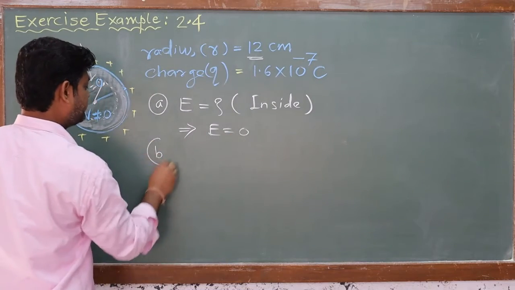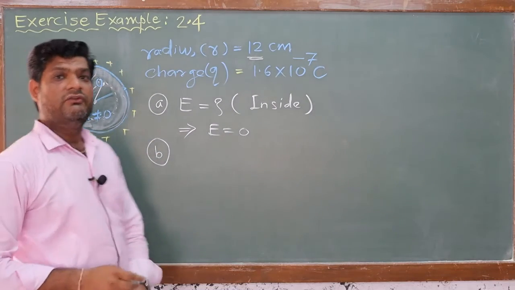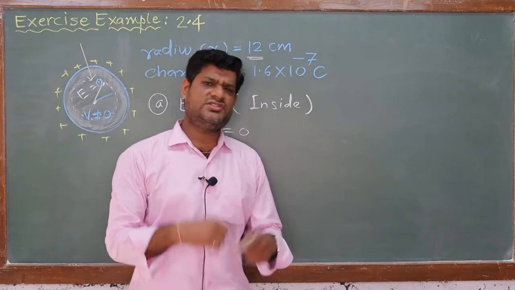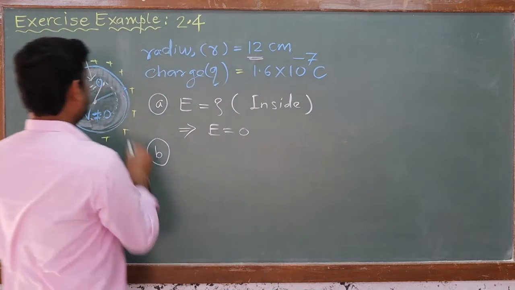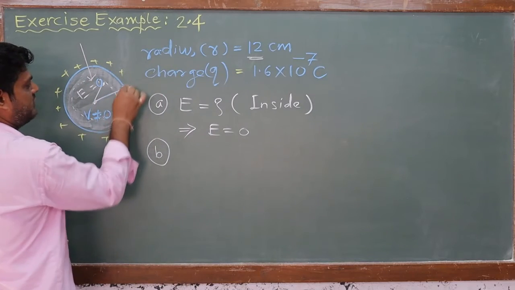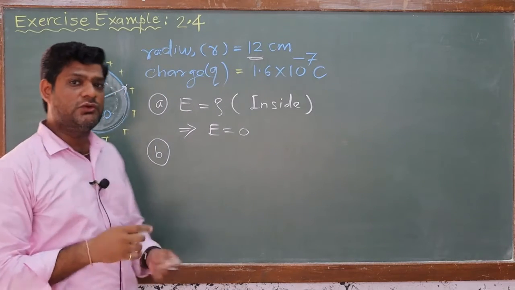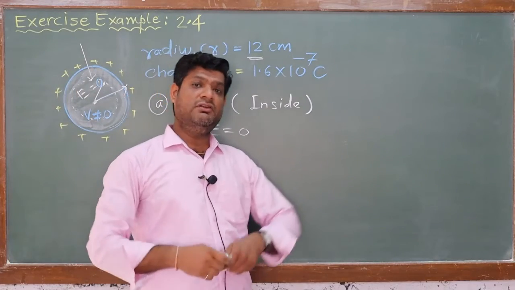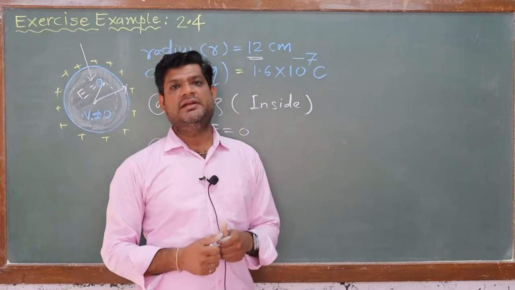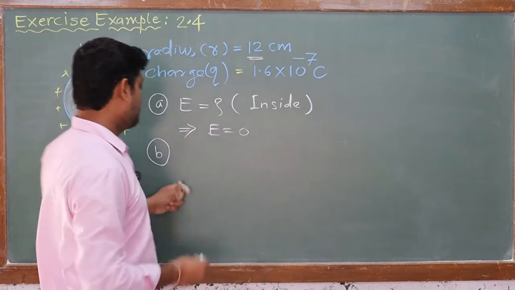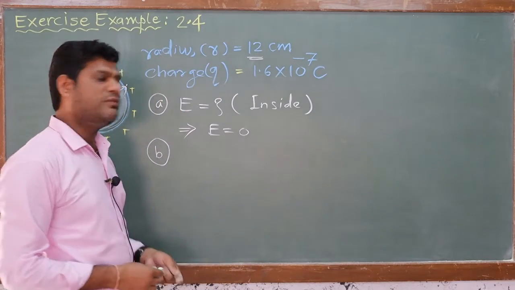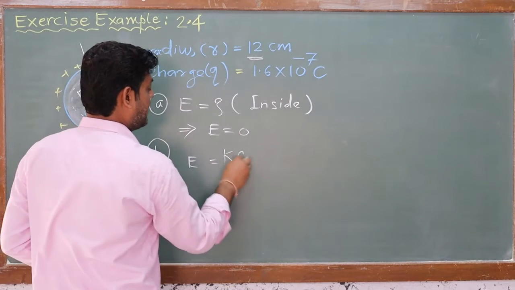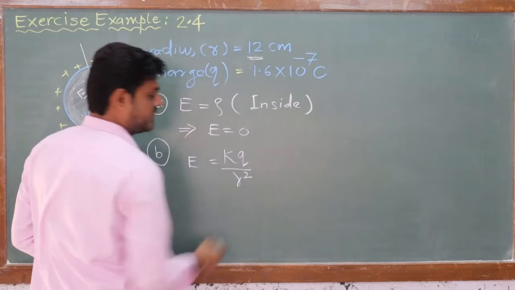The next question: what is the value of electric field just outside the surface? Just outside means, suppose it is 12 centimeter, so we can calculate electric field at 12.1 centimeter. Or we can calculate electric field on the surface of the spherical body. So we write the formula E equal to KQ by R square.